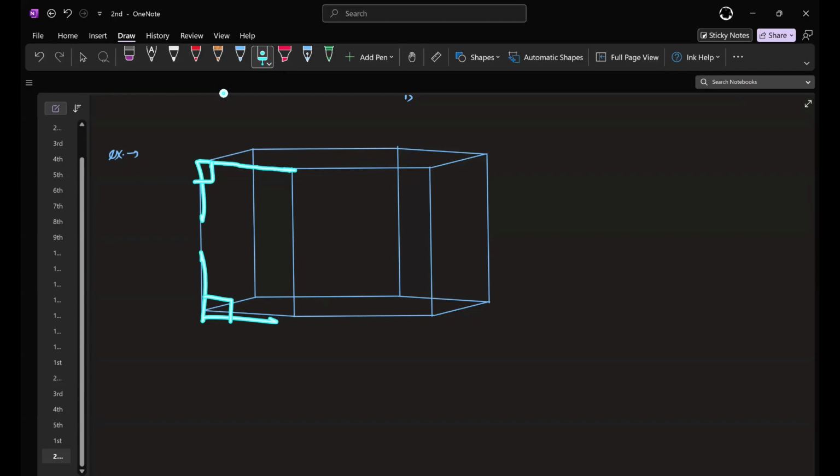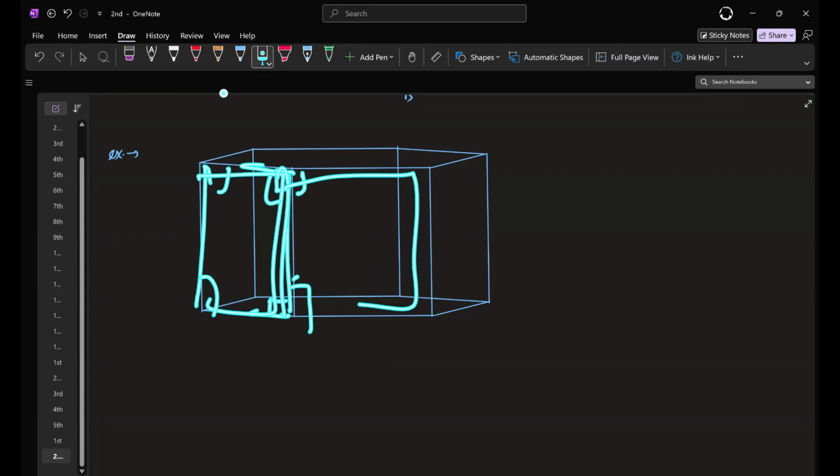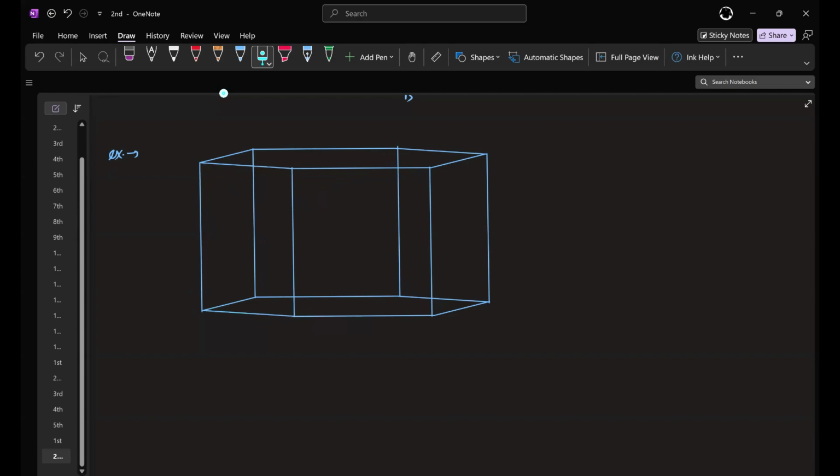Similarly these two angles are also 90. This is also 90, this is also 90, because this is a rectangle, this is also a rectangle, so everything has to be 90, right? So it means all three conditions have been satisfied for this figure as well. It means this is also a right prism.